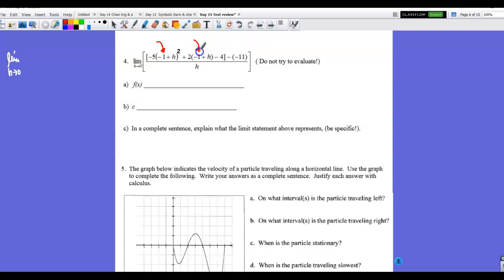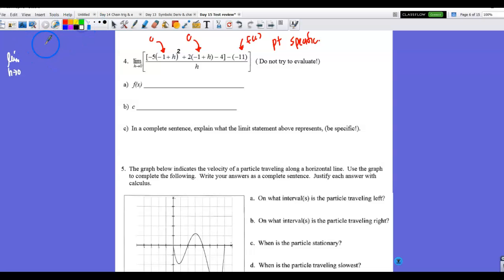Over here, I see a c value of -1, and remember, this is f of c. If this is a derivative, it's going to be point specific. All right, so let's unpack that.